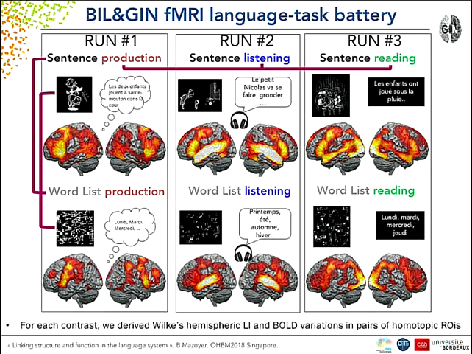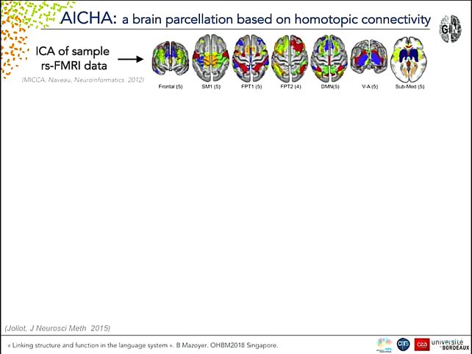And for each of these tasks, we will derive the asymmetry index and the bold variations between pairs of homotopic regions of interest. So now let me explain. This is our view of how we do neuroanatomy for higher language cognitive functions. Whatever atlas you go with, you have asymmetric regions of interest.